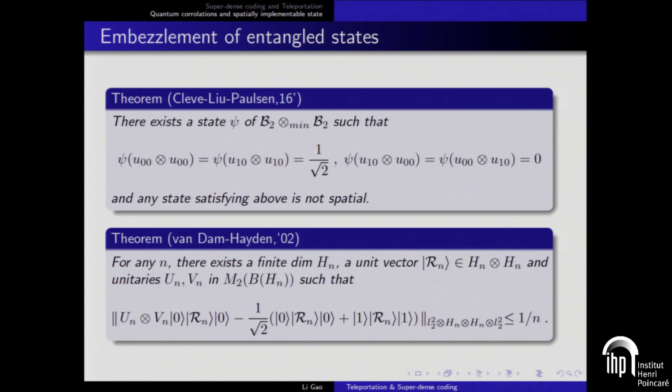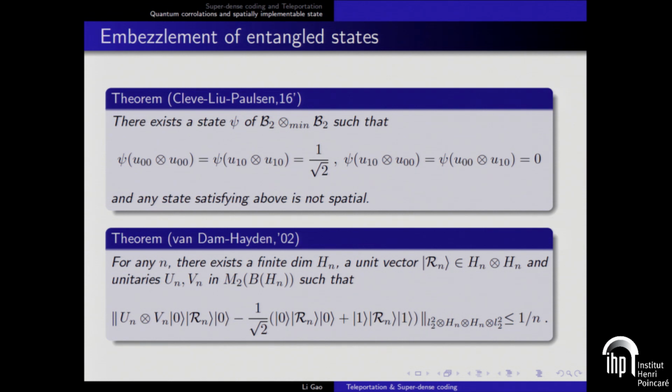For n in N, there exists a finite dimensional Hilbert space H_n and a unit entangled vector in the tensor product Hilbert space, and unitaries in M_2 of the operators, such that if you apply this tensor product of two unitaries to this |0,0>, a non-entangled state, together with these auxiliary states, then you end up very close to a maximally entangled state tensored with these auxiliary states, close in the Hilbert space norm.